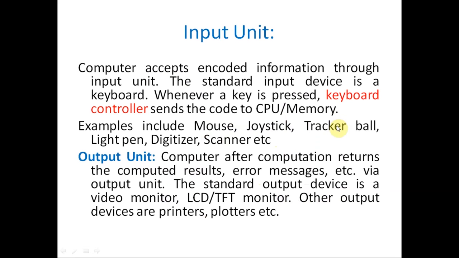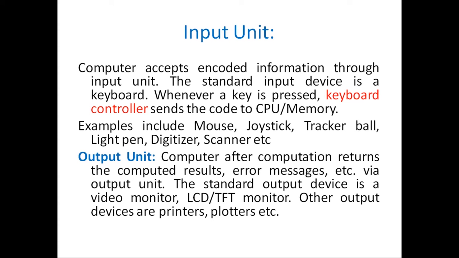Right. So coming to the input unit, the computer accepts encoded information through the input unit. The standard input device is a keyboard. Whenever a key is pressed, the keyboard controller sends the code to the CPU or memory. Examples include mouse, joystick, trackball, light pen, digitizer, scanner, etc. All are examples of input units.